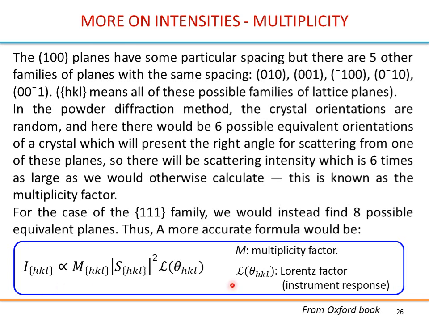So a better formula for our diffraction intensity would be this formula. So we have the structure factor here, squared, and we should multiply by the multiplicity. This is known as the Lorentz factor. It's only due to the instrument response. Okay, so sometimes it's corrected already, sometimes it's not. So it's good to know that it can be there if it's not corrected.